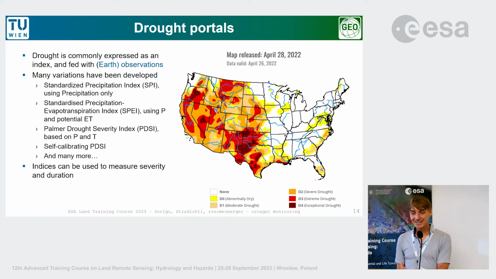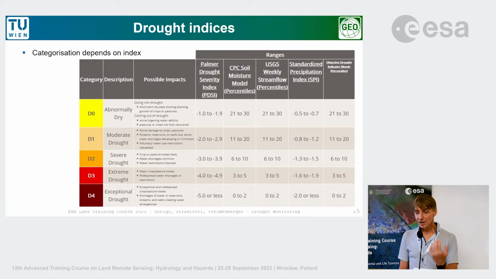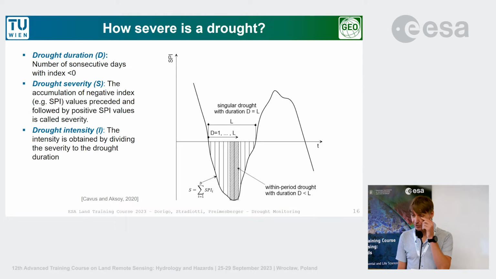The nice thing about these indices is that you can use them not only to see whether there's a strong drought or not, but also to get numbers that may eventually be more important. Not a snapshot, but integrated over time. You can get an estimate of drought duration, the number of consecutive days or months with a certain index below 0, so you get a real length of the period.